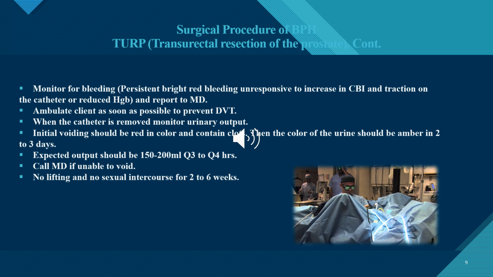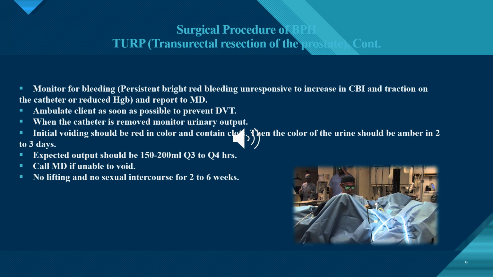Another thing that is normal once they remove the 3-way catheter after the procedure is dribbling, and it might last for several months. So advise the patient not to be scared, okay? So dribbling is completely normal, all right? Expect an output of 150 to 200 milliliters every 3 to 4 hours.